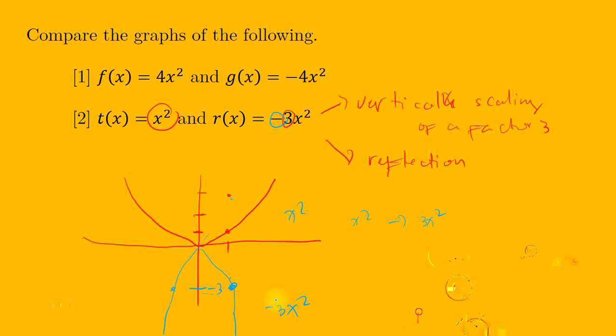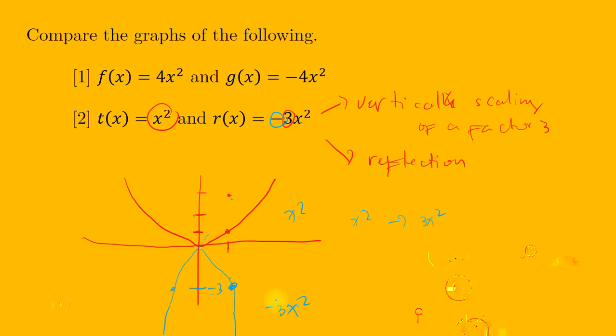To obtain r of x. So meaning, x squared is first vertically scaled by a factor of 3, you know that a while ago. Then after that, it is being reflected along the x-axis. So this is now the graph of negative 3x squared rather. Okay, so let's continue.